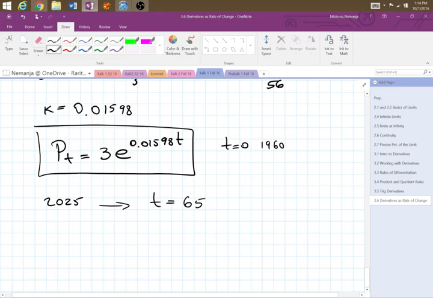So, one more thing. What are we interested in here? We're interested to see 2 things from this model, and that is the limit and the derivative. So if I take the limit of 3e to the 0.01598t as t goes to infinity, I'm just letting time go forever to see how big the population of Earth would be.